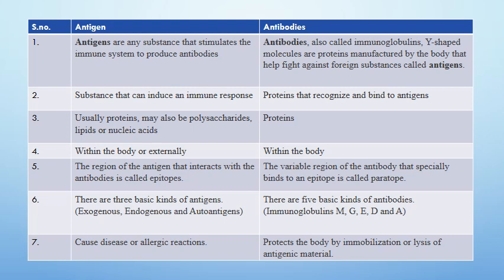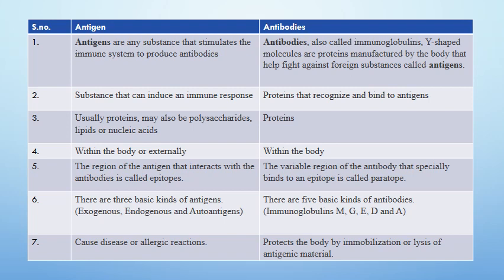Substances that can induce an immune response are antigens. Proteins that recognize and bind to antigens are antibodies. Antigens are usually proteins, maybe polysaccharide, lipid or nucleic acid. But antibodies are protein in nature. Antigens can be within the body or external, but antibodies are always within the body.